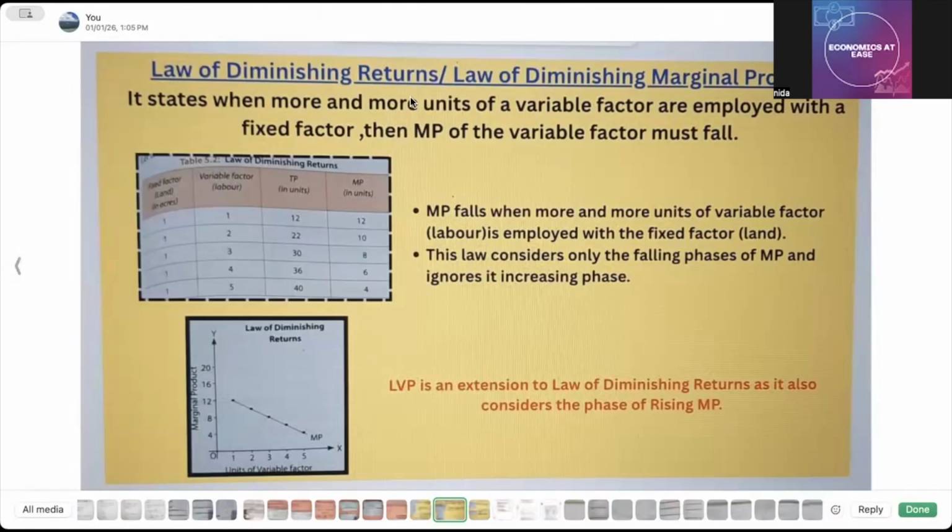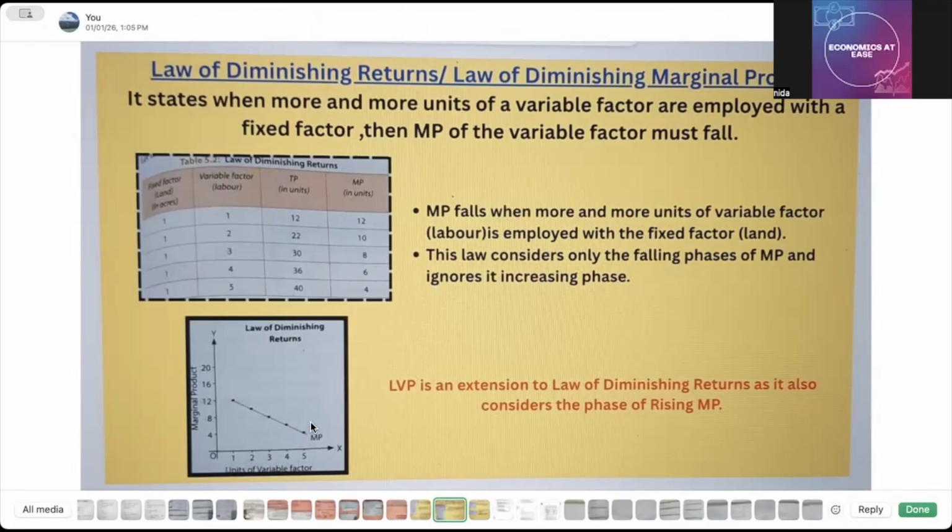Then law of diminishing returns here. When more and more units of variable factor are employed with a fixed factor, then MP of the variable factor must fall. In this law of diminishing returns, we need to focus only on the MP side. You don't have to focus on anything else, only consider MP. So MP falls when more and more units of variable factor labor are employed with the fixed factors, and only MP is diminishing.